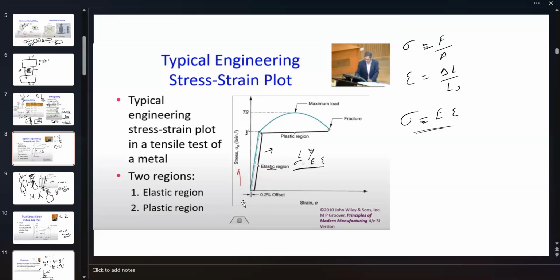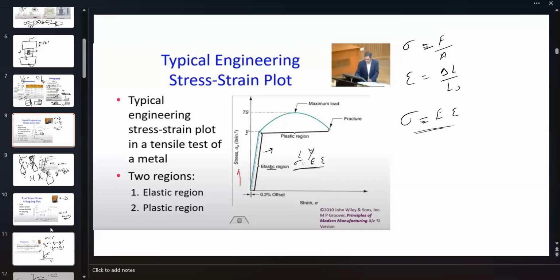So what we usually take is a 0.2% offset. Once you remove the strain, it reaches 0.2% of the original value. That's the yield strength.